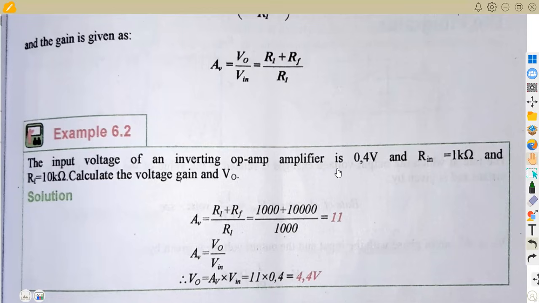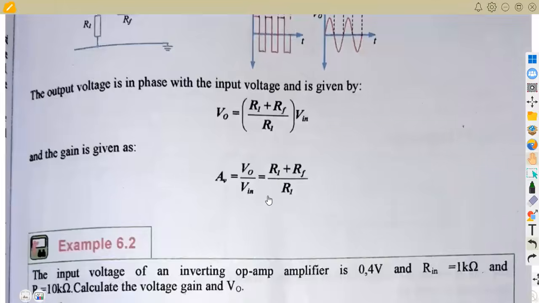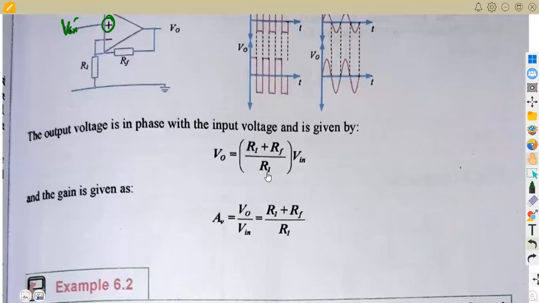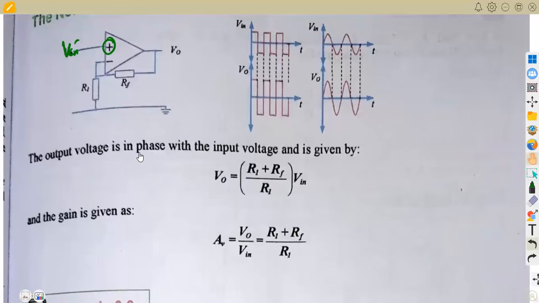But if we take our normal gain, which is R1 plus RF over R1, we're just going to use the positive as it is. So do not confuse on this part. Most of us confuse: am I going to use a negative? Am I going to use a positive? So here we can just take our formula directly.